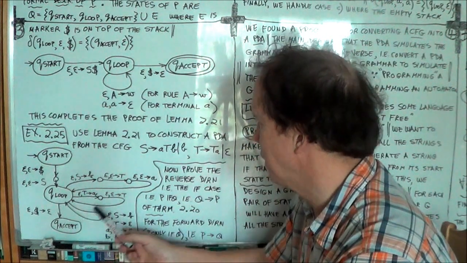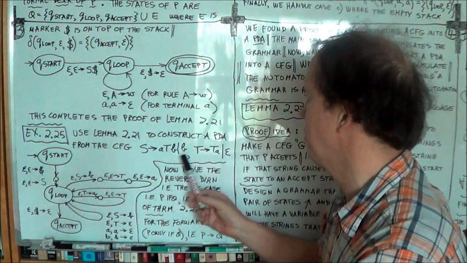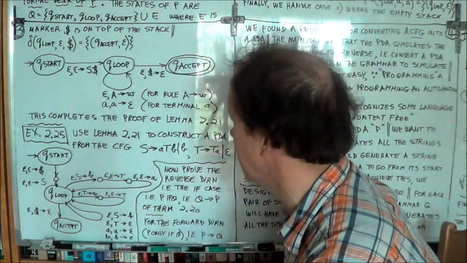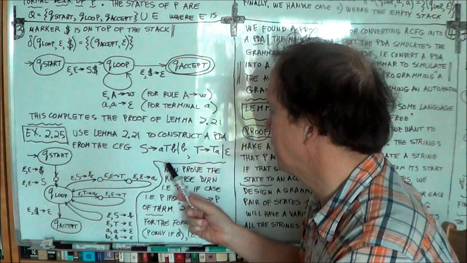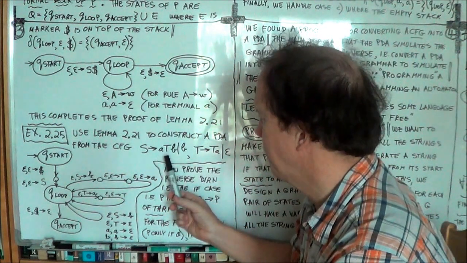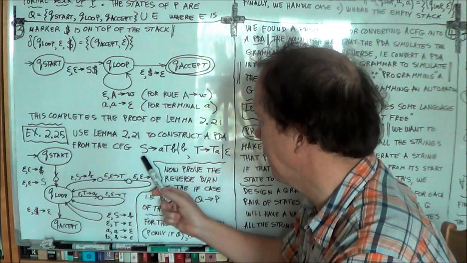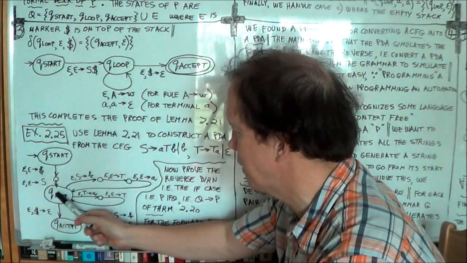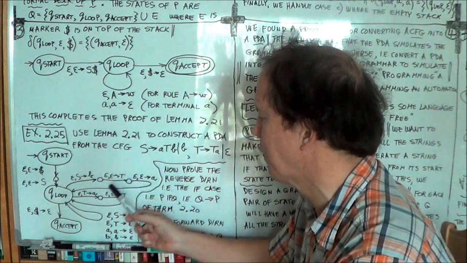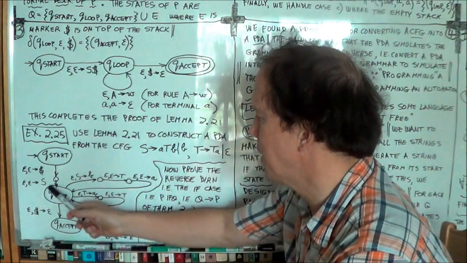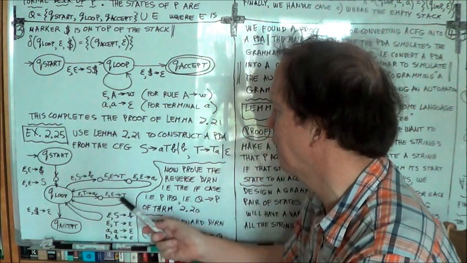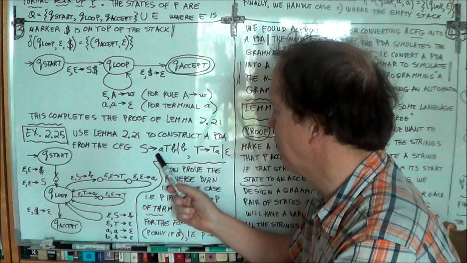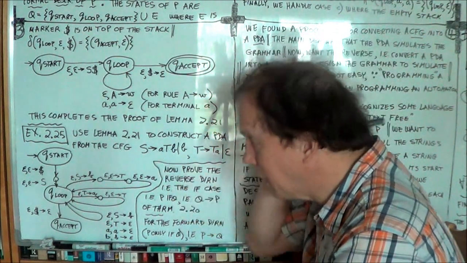All right. Now you've got these rules. How many do you have? You've got four rules here. So we're in state S. S is on the top of the stack, and so we want to rewrite S. We want to pop S and replace it on the stack by ATB.